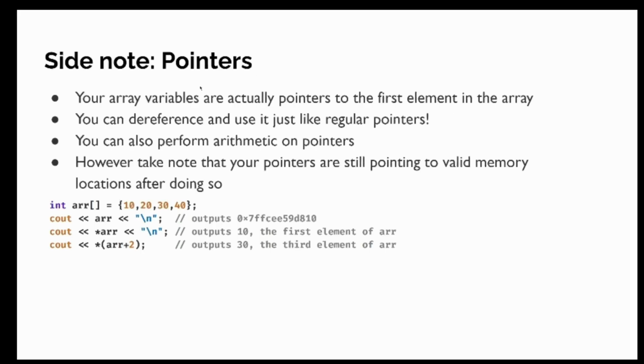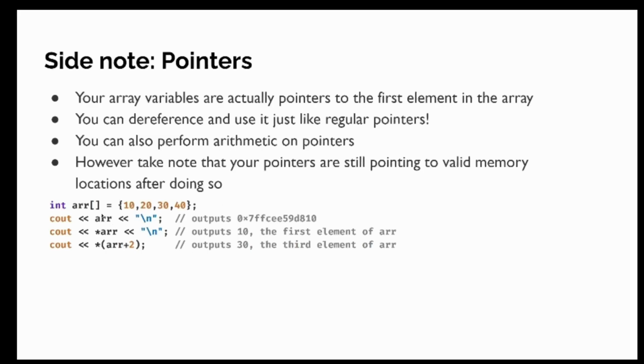Okay, your array variables are actually pointers to the first element in the array. So let's say you have an array ARR. If you just output ARR without referencing an index, it will point to the first element in your array. You can dereference it and perform any kind of operation on the data type in that first slot.